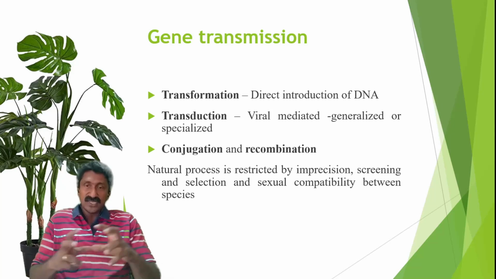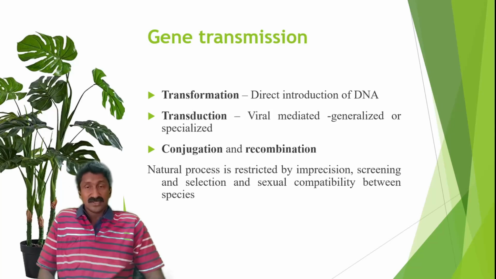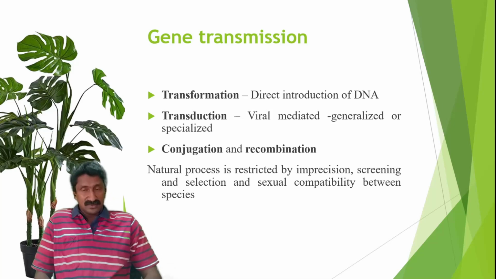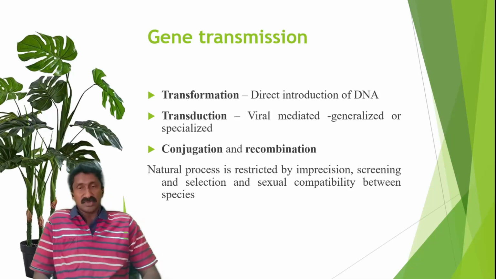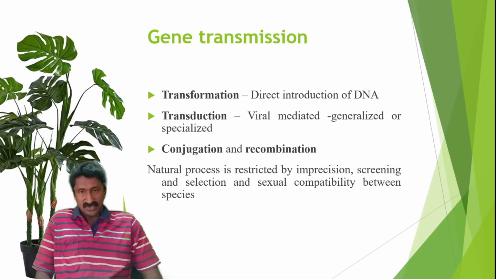So that type of screening and selection is required when you are targeting such natural gene transmission methods. But for a genetic engineer, this process of natural selection and natural recombination or natural gene transfer is a limiting factor because it is time consuming and also very expensive.